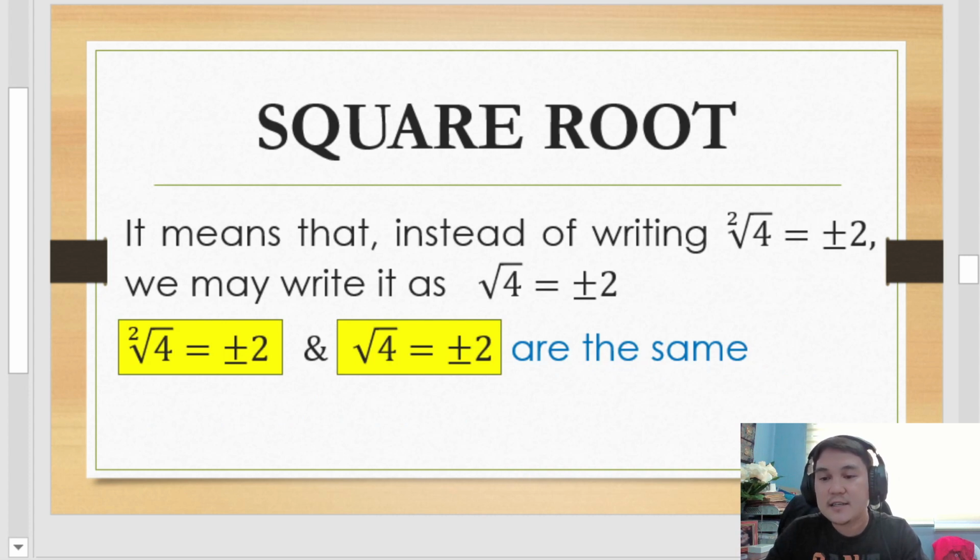It means that instead of writing square root of 4 with the index 2 is equal to positive and negative 2, we may write it as square root of 4 without the index is equal to positive and negative 2. As you can see here, they are just the same.